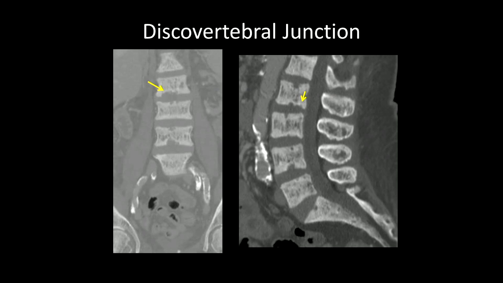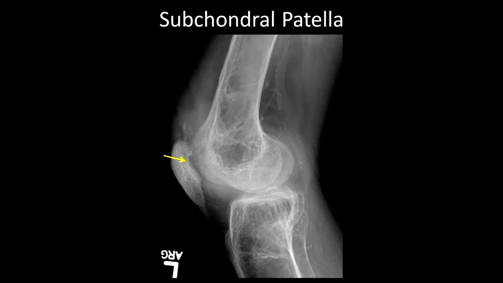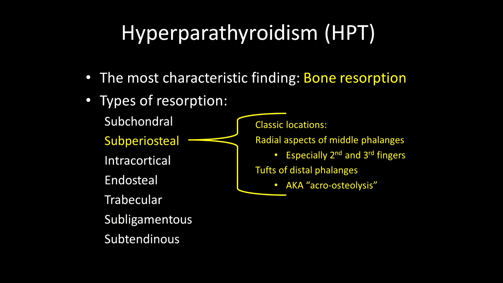And this discovertebral junction erosion is again classic for hyperparathyroidism. Another fairly classic example is this subchondral erosion beneath the articular cartilage of the patella in a patient with chronic renal disease. So that's the subchondral story.